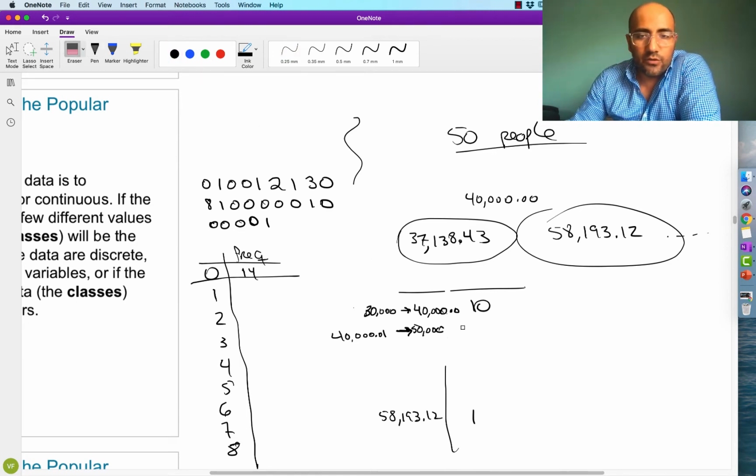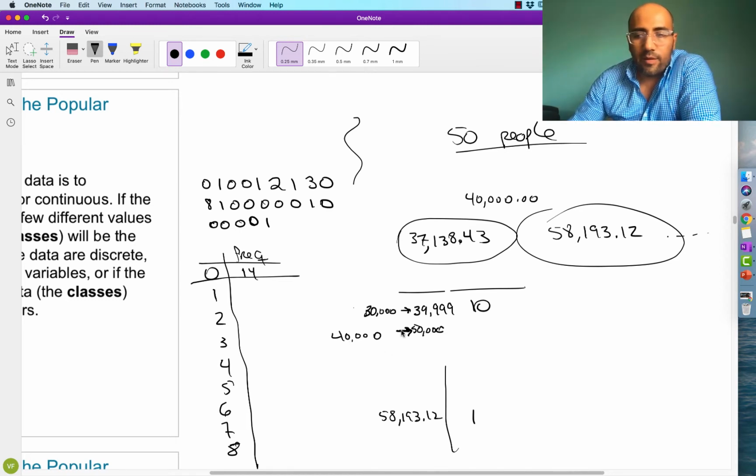The other thing we could do then is just cap this off and make this 39,999. Right, remember there's no pennies if we just round off everything to the nearest whole dollar, and then this one can go up to from 40,000 moving on.